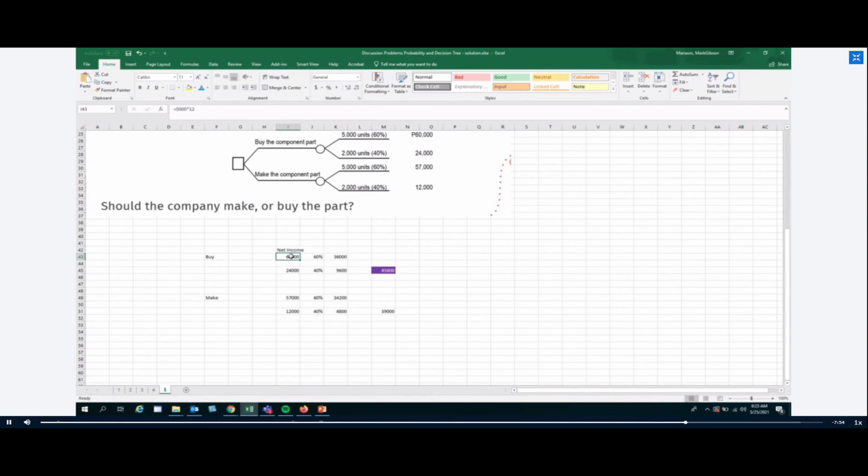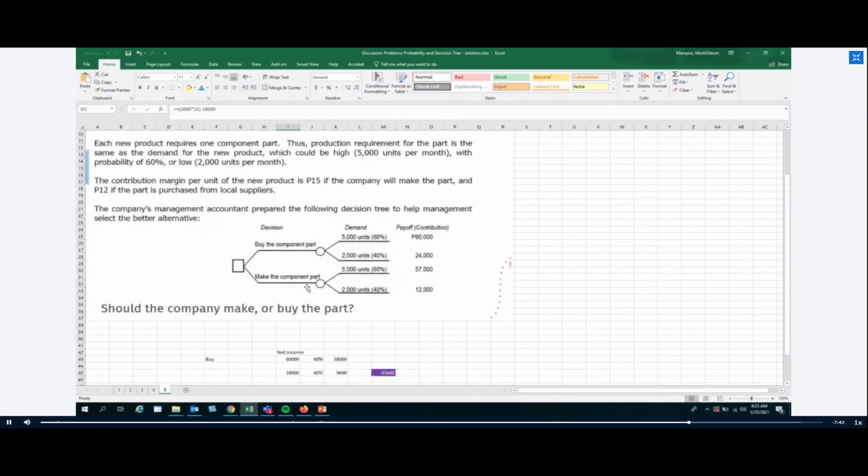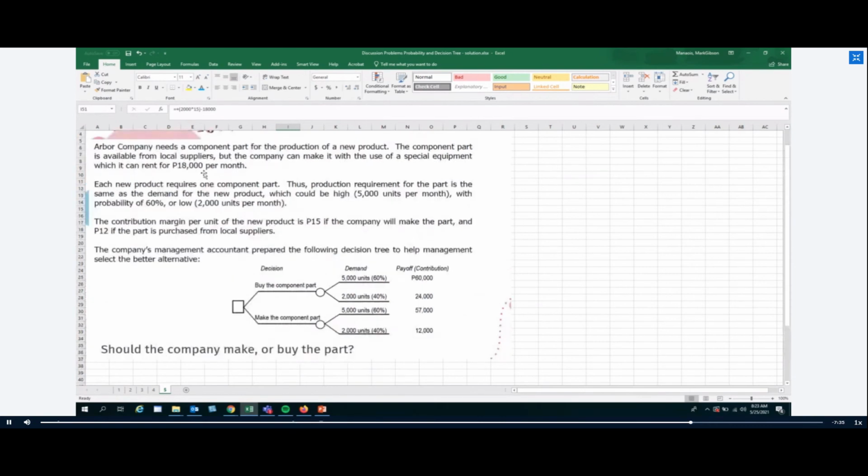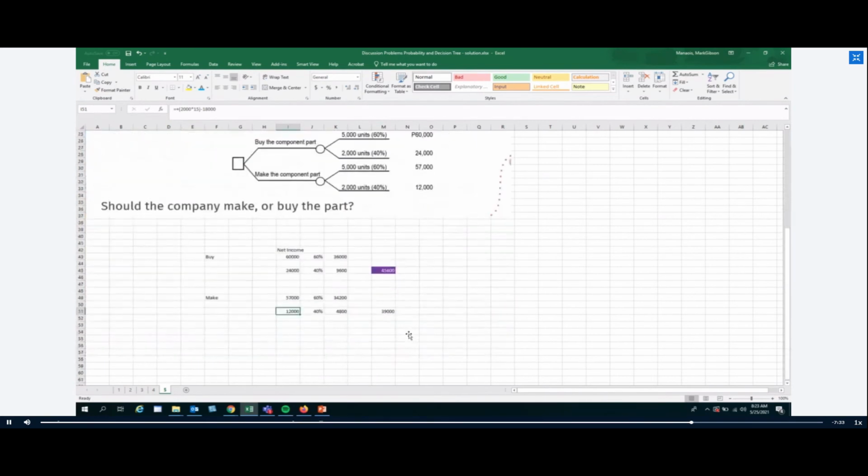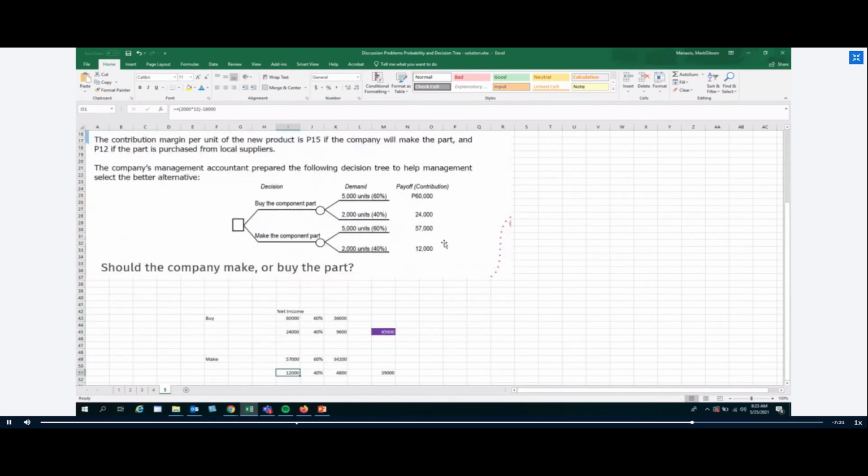So in this case kasi wala ka namang fixed cost, kaya minultiply lang natin sa contribution margin. Okay? So that's 57,000 and that's 12,000. 12,000 is calculated by 2,000 units multiplied by 15 less 18,000. Okay? So actually given siya, pero kinalculate lang natin siya just to show you how this is derived, no?